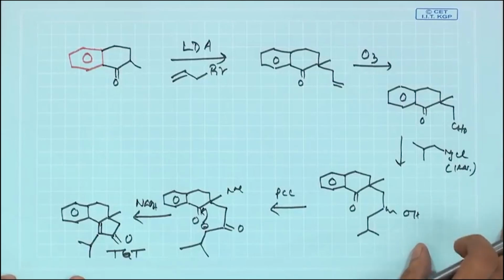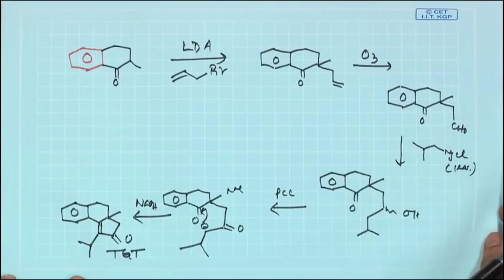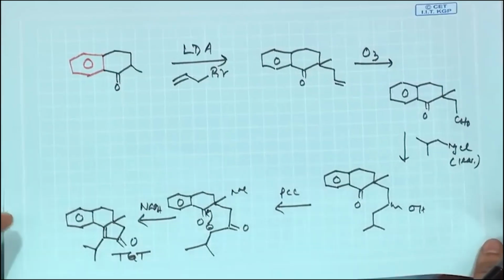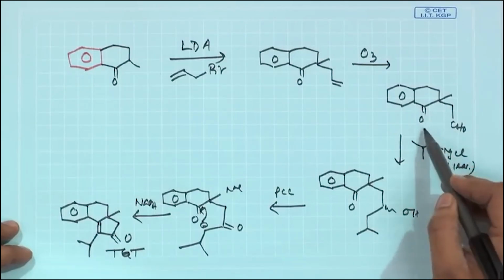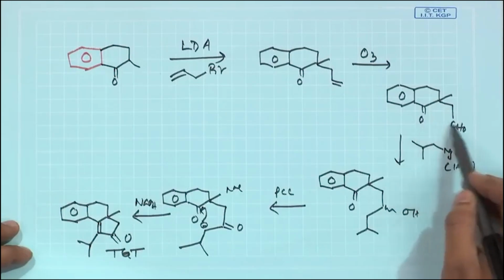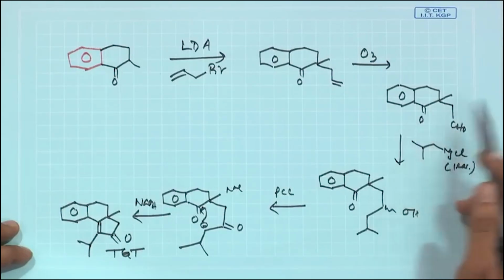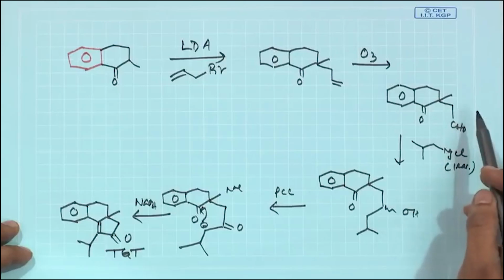The transformation we are using is LDA and allyl bromide at the very beginning, then you do an oxidative cleavage of this double bond, you use the isobutyl magnesium chloride. Now, you remember that here we have a ketone as well as an aldehyde. In principle we should do a protection, but that will definitely increase the number of steps.